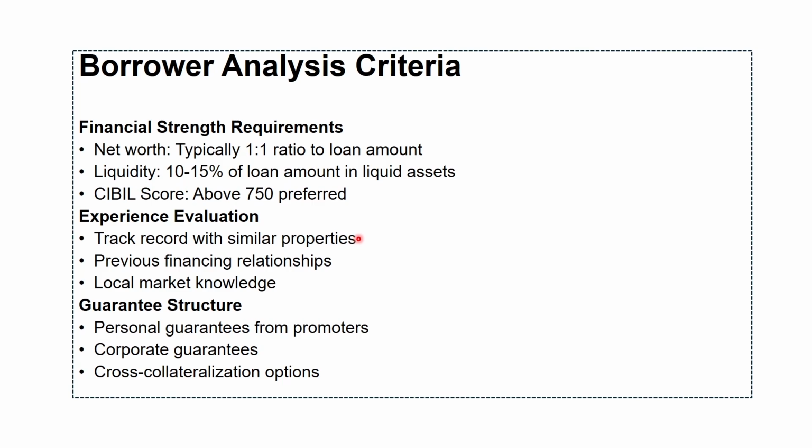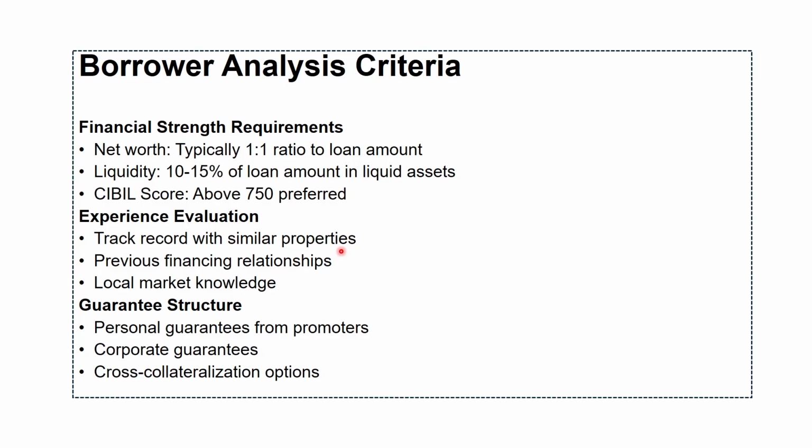For example, a developer seeking a 100 crore loan for a Hyderabad hotel needs 100 crore net worth, right? And the prior hotel projects they have done. So, that kind of system we will be following here for borrower analysis criteria. Net worth, typically whatever they are asking for, their net worth should be around that.